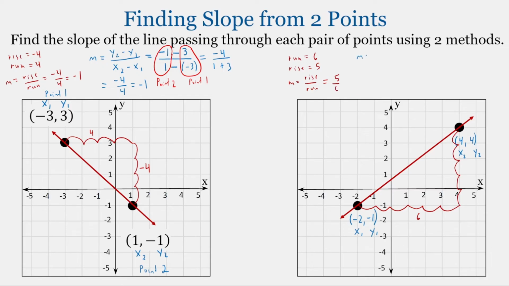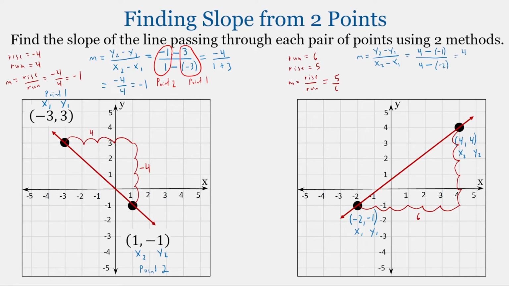And now using the formula, we have m equal to y sub 2 minus y sub 1 all over x sub 2 minus x sub 1. So y sub 2, that's 4, minus y sub 1 is negative 1, so minus a negative 1, all over x sub 2 is 4 minus a negative 2.